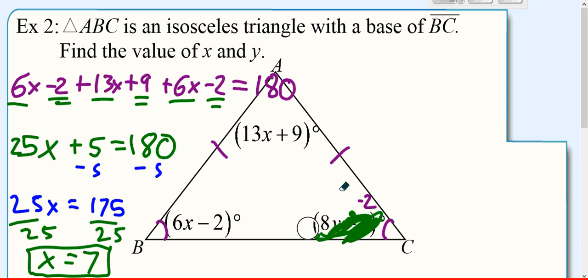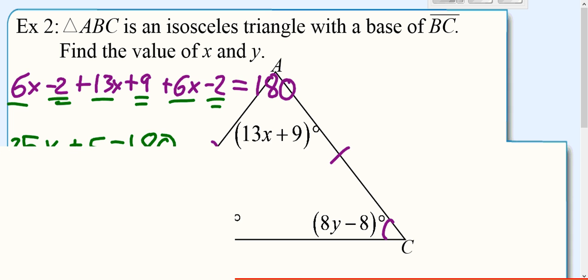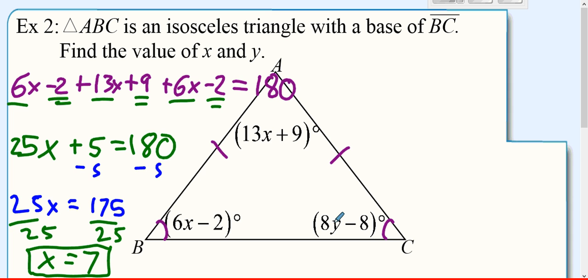Now we got to go back to the first thing that we wanted to say. These two angles, 6x minus 2 and 8y minus 8, they're equal. So 6x minus 2 is equal to 8y minus 8. And the only way that this becomes solvable is because we know x is 7.